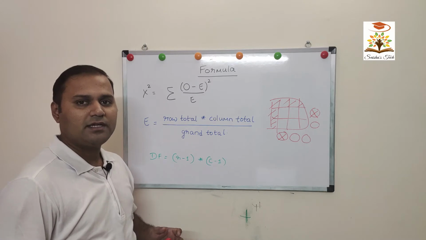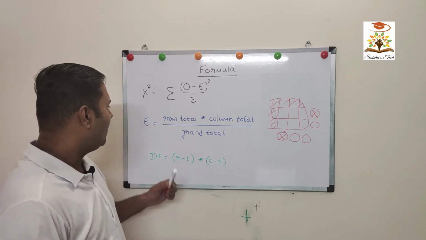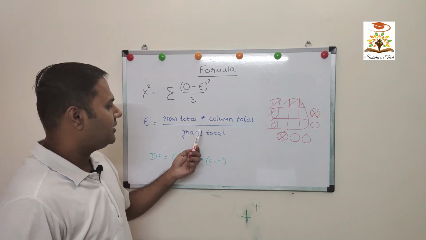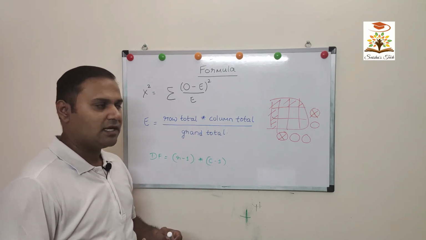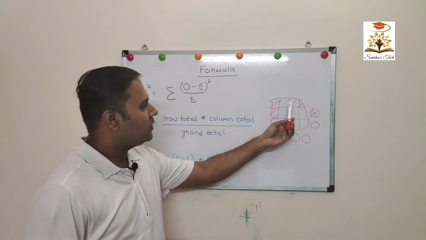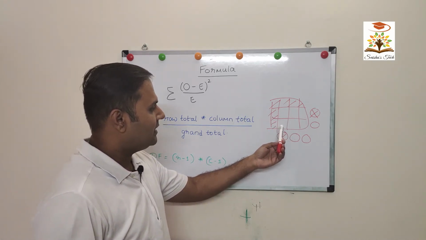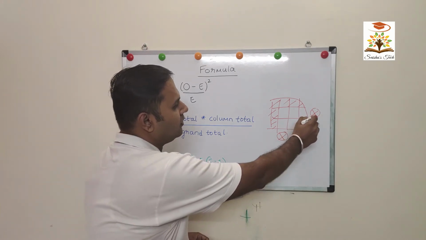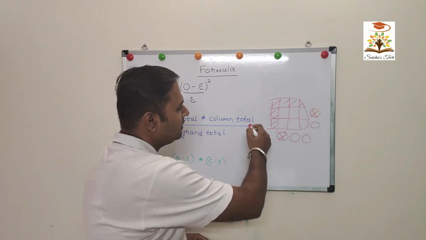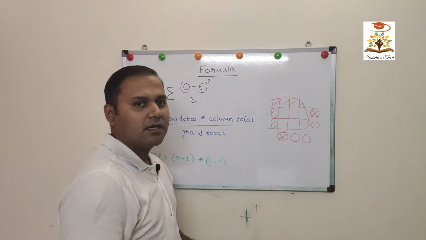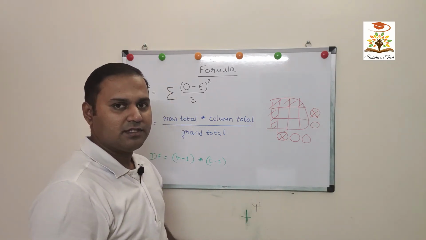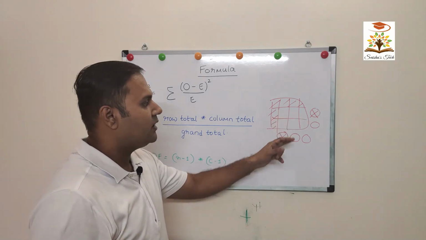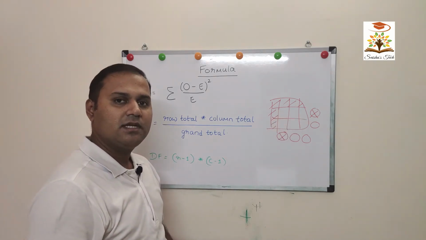How do we do that? We use the formula row total into column total divided by grand total. For example, if we have some observations, then we take the row total into column total divided by the grand total of observations. So we calculate the expected values for each of the observations in the table.